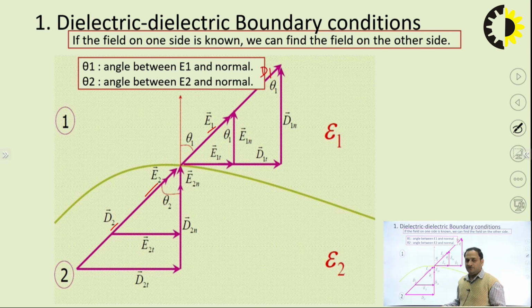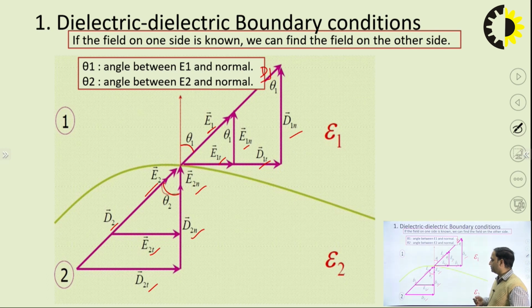Again we can bifurcate into two components: D2 will be D2T and D2N, E2 will be E2T and E2N. Similarly for E1 we have E1T and E1N, and for D1 we have D1T and D1N. Theta 2 is the angle of incidence, and theta 1 is the angle of refraction in the second medium.